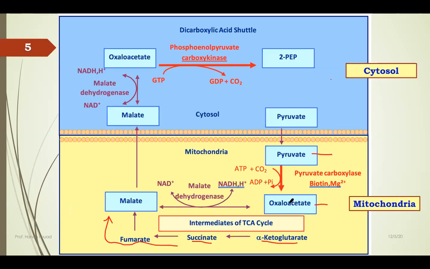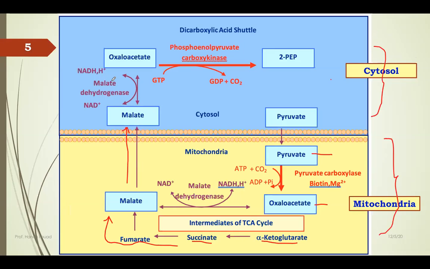Here we are inside the mitochondria. Malate must go outside the mitochondria. It must be translocated from the mitochondria to the cytosol. This is the cytosol, which is colored blue. Malate crosses the mitochondrial membrane to go outside to the cytosol.